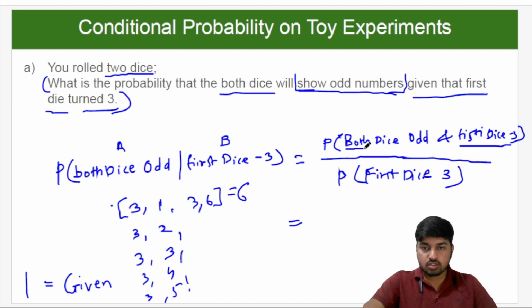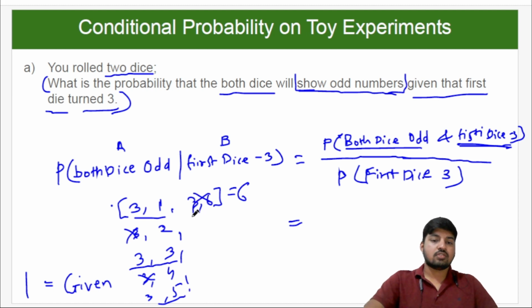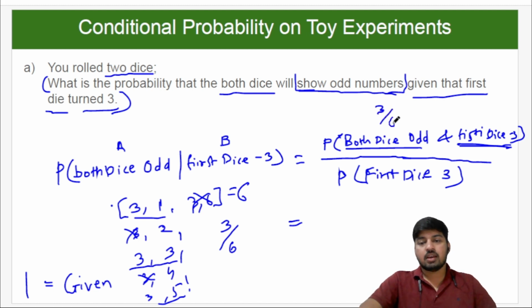But what are the favorable ones? Because both should be odd and first should be 3. So first is 3 and odd, this one. Second is not. Third is favorable. Fourth is not. 3 and 5 is favorable. Sixth is not. How many are there? Only 3 out of 6 are favorable. So the probability of both dice odd and first dice showing 3 is 3 divided by 6, right?